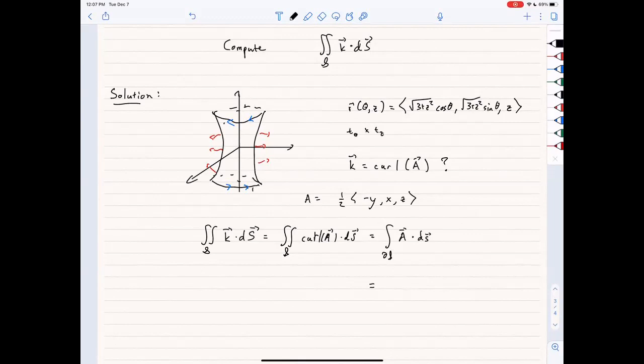What is the boundary of S? It's not a single connected curve, it's two. This and this together are the boundary. So if I wanted to actually do some kind of integral, I would have to call this curve top, curve bottom, and add up those contributions.